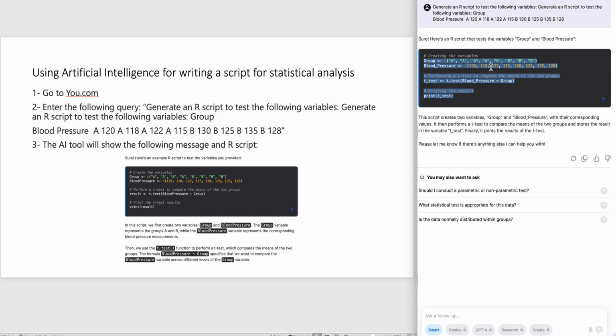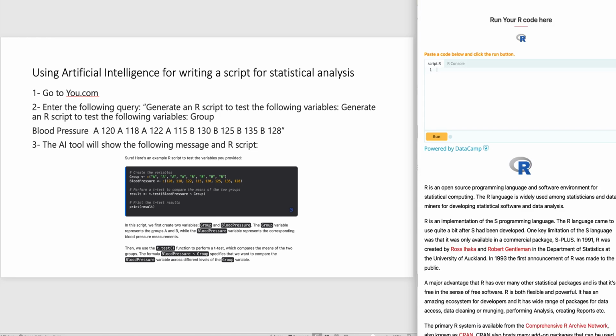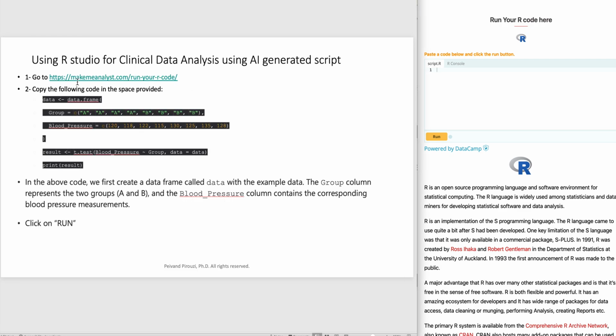We are just going to copy this script, and then we are going to go to our online tool for RStudio. As I already mentioned, you can go to RStudio, where you see here the web address.